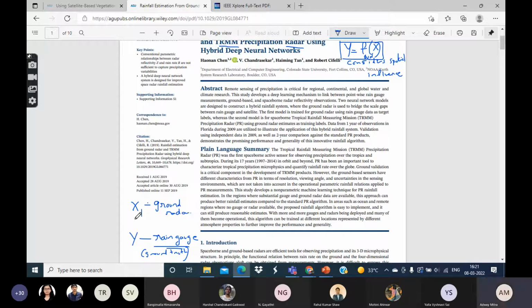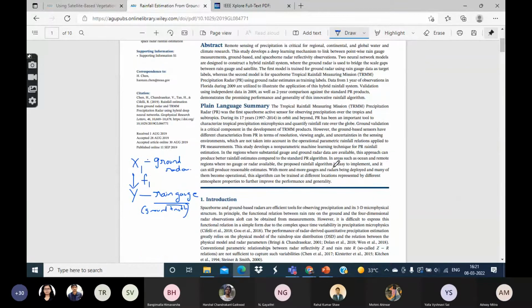So basically, a model F1 is trained using these y as the labels. And then there is a second model, which is for spaceborne tropical rainfall measuring, or the TRMM precipitation radar, using the ground radar estimates as the training labels.